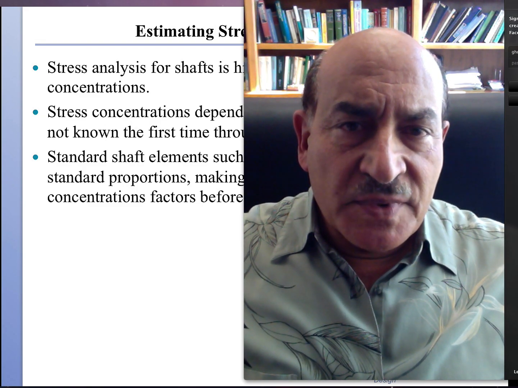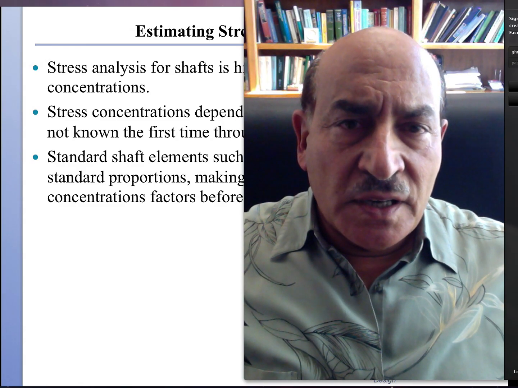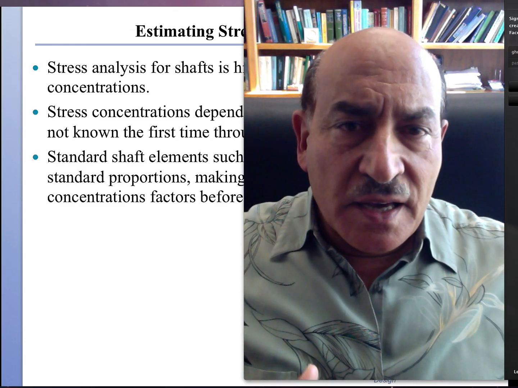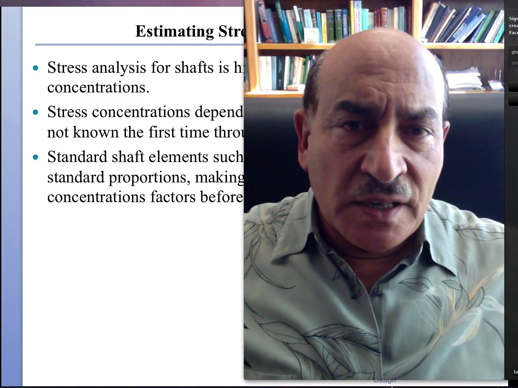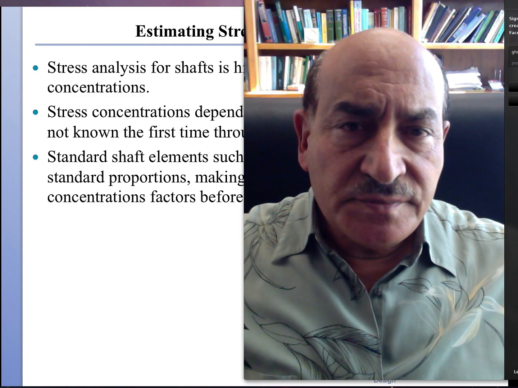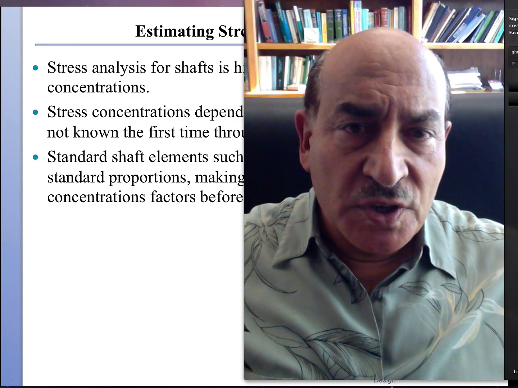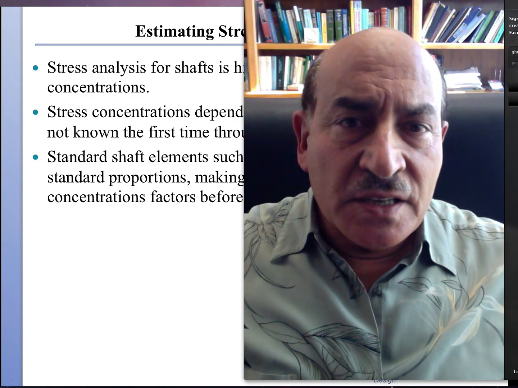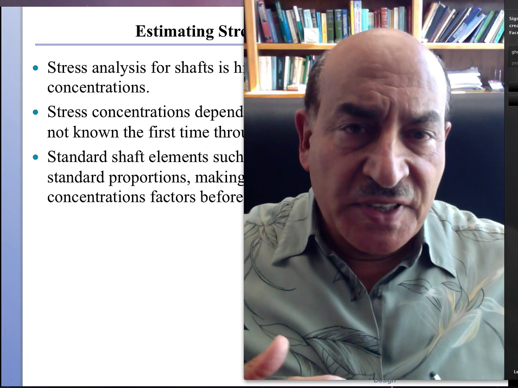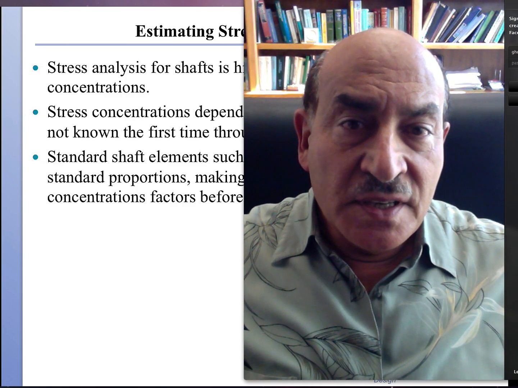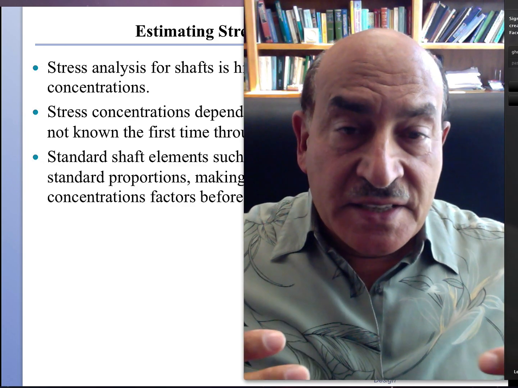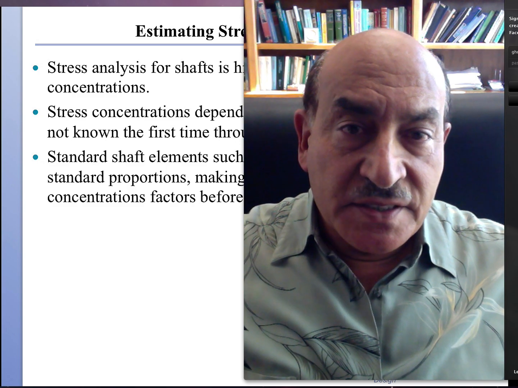So in this segment, I'm going to discuss how we're going to estimate shaft sizes and support and layout in order for us to meet design requirements related to stress levels on the entire shaft.